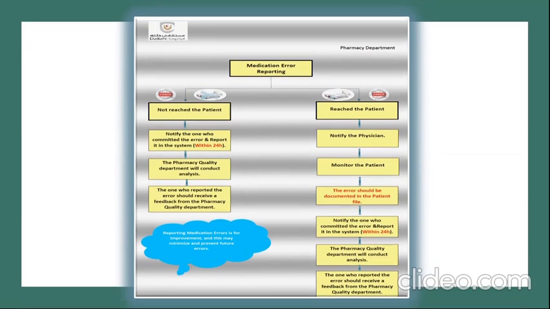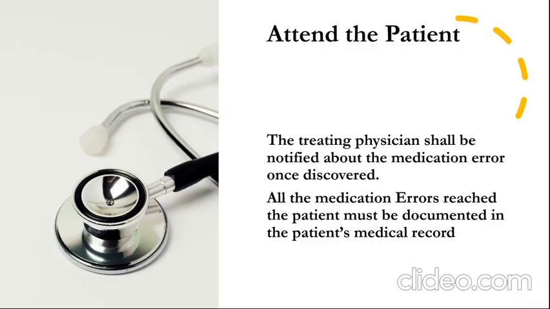Here is a flow chart for when a medication error happens, whether it reaches the patient or not. But make sure that if the error reaches the patient, the first thing to do is notify the physician, and this error should be documented in the patient's medical records.